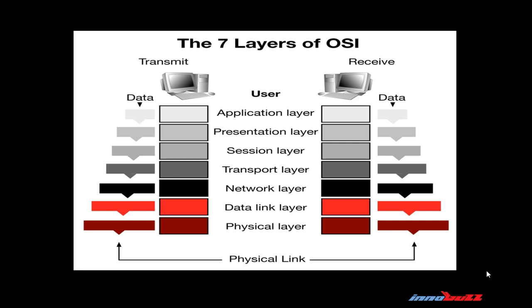Network device switch installed in layer 2 of OSI model means data link layer. Network layer contain IP address protocol which is called Internet Protocol or Inter-Networking Protocol. Network layer also have ARP, RARP, ICMP, IGMP protocols.